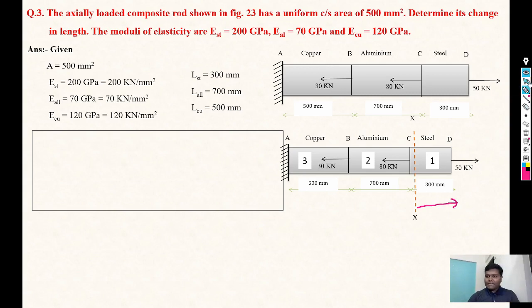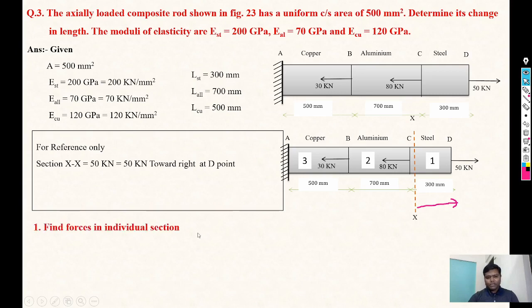On the right side only one force is there, that is 50 kilonewton, and that force is away from the D point. So we consider 50 kilonewton away from the body at point D, and again directly consider 50 kilonewton away from the body at point C.